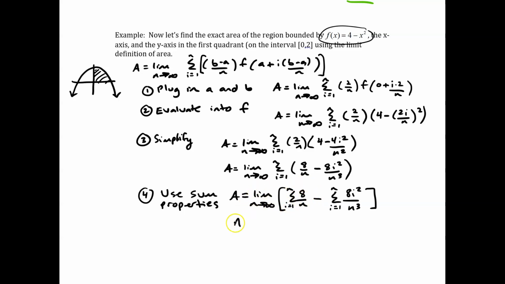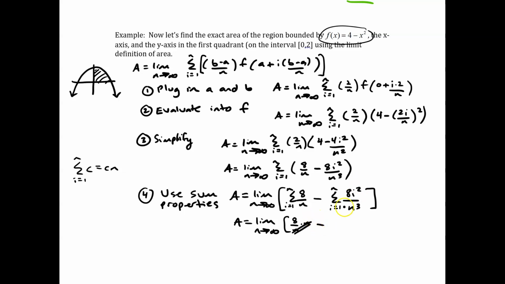And if you are doing the sum of a constant n times, we saw this before, the sum of a constant going from 1 to n is equal to that constant times n. So this is a constant, because as i changes, this value is not changing. So you're going to have 8 over n times n, and that's just going to lead you to 8.